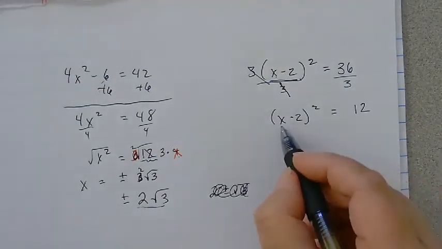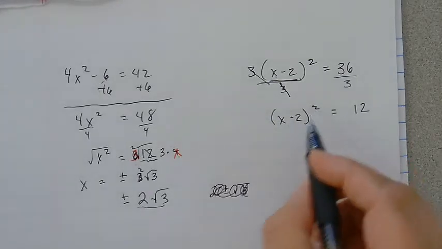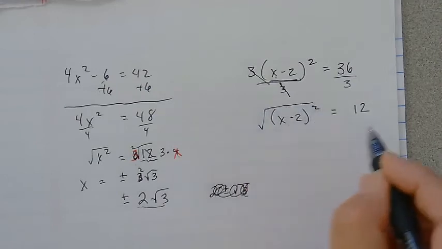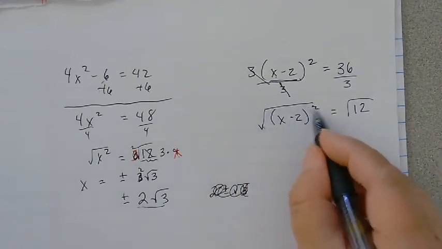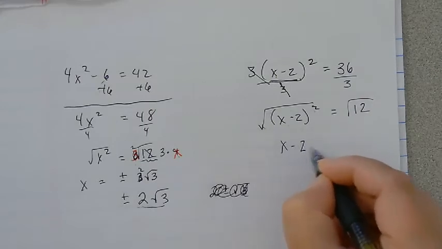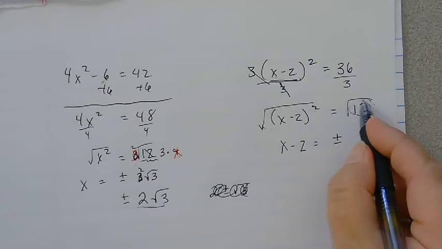Next, if I was working the problem, I would subtract 2, then square it. So that means I have to get rid of the squared next. And the way that you get rid of square is square rooting. So on the left side, now the square root and the square undo each other, and I get x minus 2. And over here, I'm going to have plus or minus whatever the square root of 12 is.